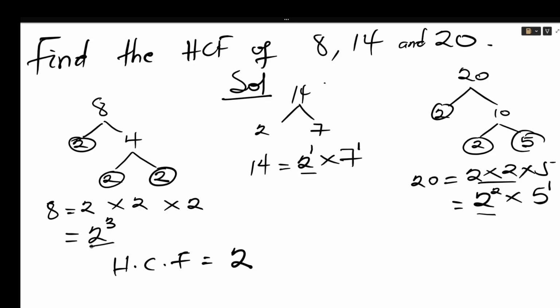Yes, so the 2 being the common, the least of the powers is 1. So 2 raised to the power 1 is the same as 2. That gives us the highest common factor of 8, 14, and 20.